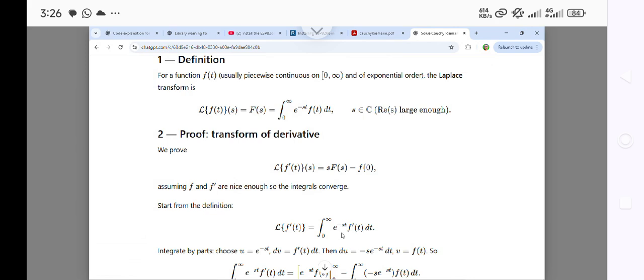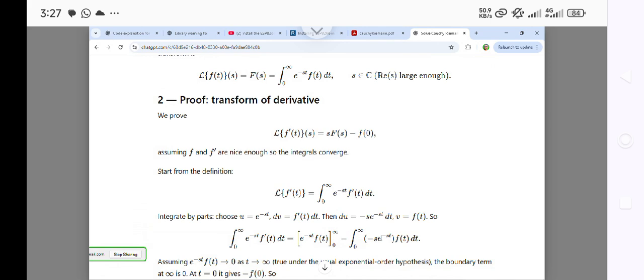If we say this is u and this is dv, the formula says the integral of u dv equals uv minus the integral of v du. That is the formula for integration by parts.